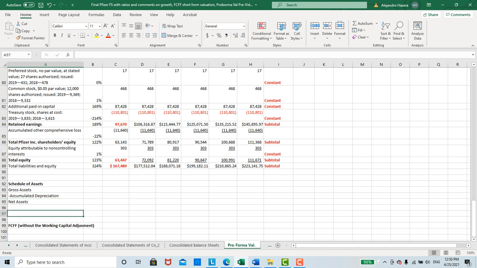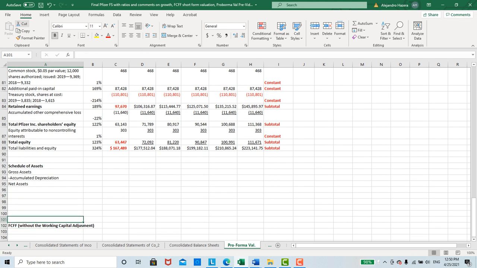And then down here, first of all, I'm going to put a couple of lines. I'm going to move this down a little bit here. And I'm going to compute a depreciation rate, which is an approximation of how fast you are depreciating your assets.